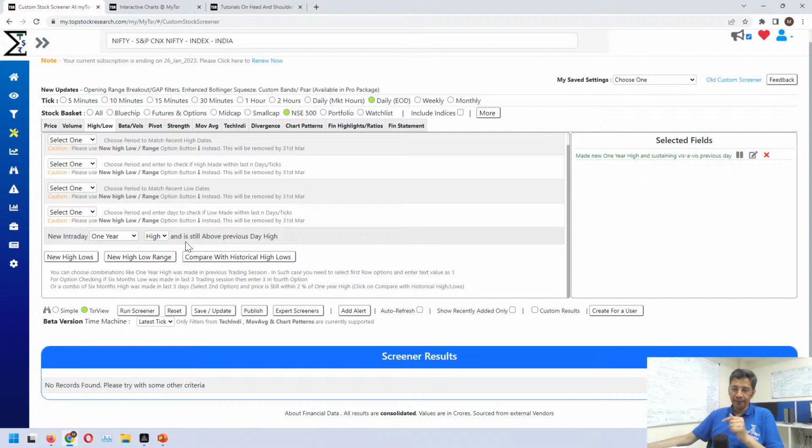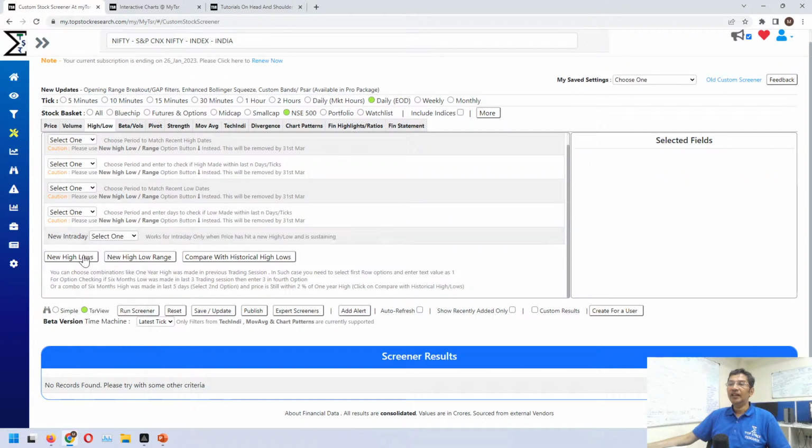It has made a new 52-week high. So what it tells you is a new 52-week or 1 year high. 1 year is almost like 52 weeks, right? So it has made a new intraday 52-week high, number one, and it is still above the previous 52-week high level, right? So this is where the screener is.